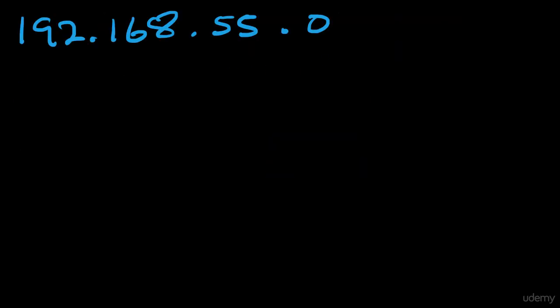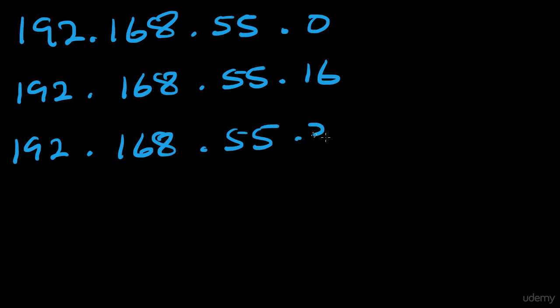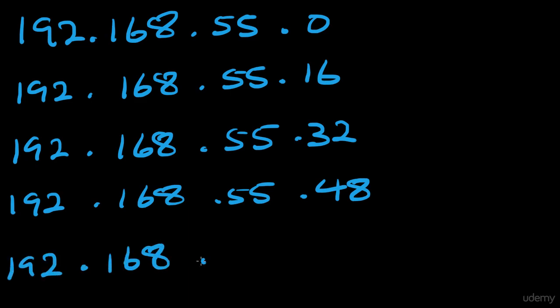We're incrementing the last octet by 16. 192.168.55.32 is the next network ID. 192.168.55.48. 32 plus 16 is 48. 192.168.55.64 is the next network ID.